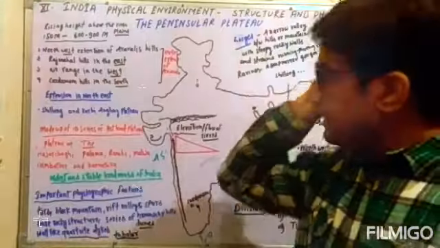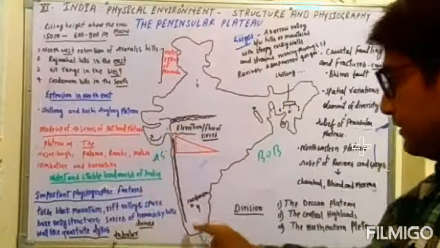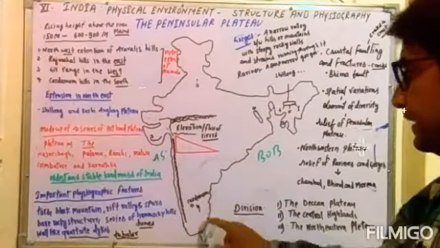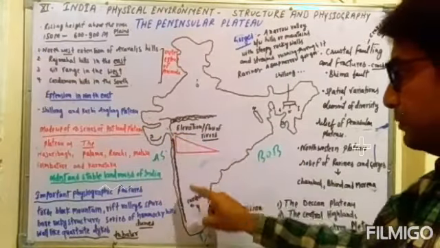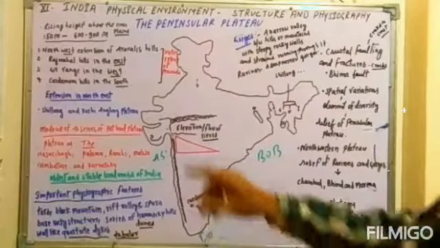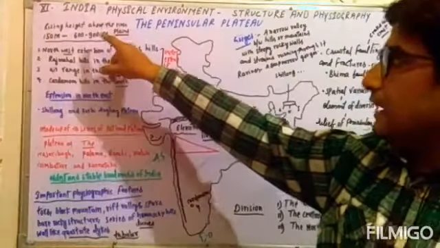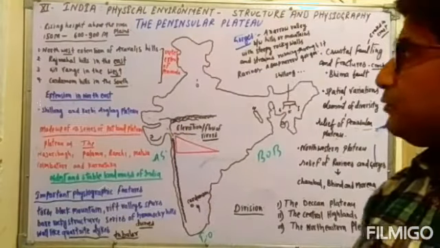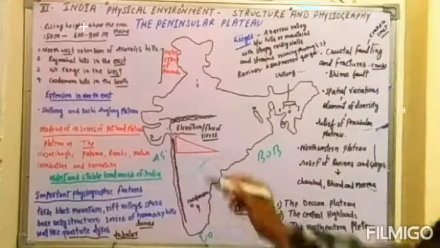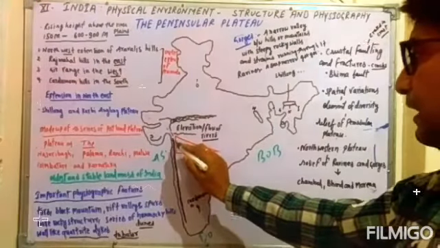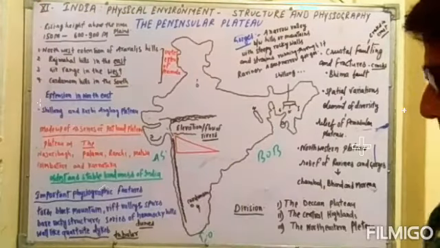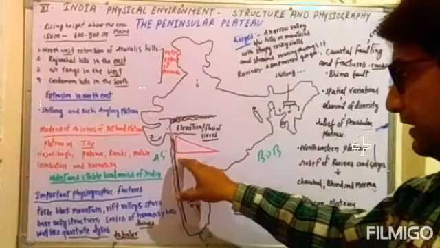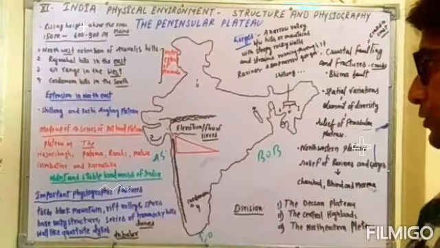Students, you can see this is the structure of South India, and this is the peninsular plateau, which rises in height above the rivers from 150 meters to 600 to 900 meters. The western part of the country, South India, the Western Ghats, are higher than the Eastern Ghats.